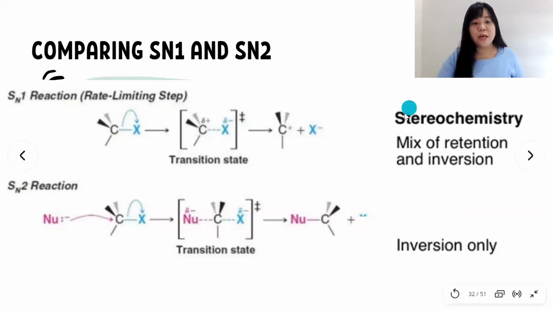In terms of stereochemistry, again, SN1 reactions produce racemic mixtures, or result in a mixture of retention and inversion in terms of configuration. On the other hand, for SN2 reactions, there's complete inversion.